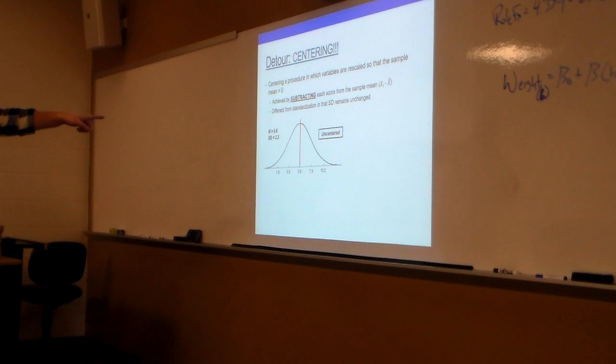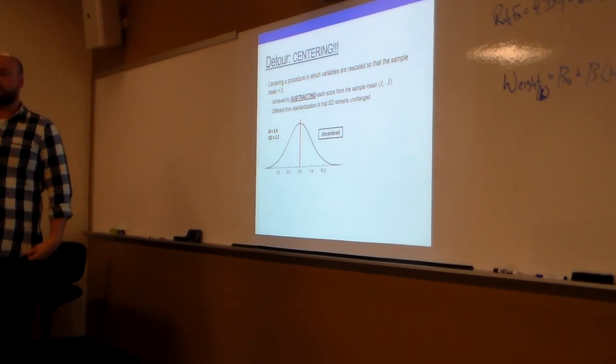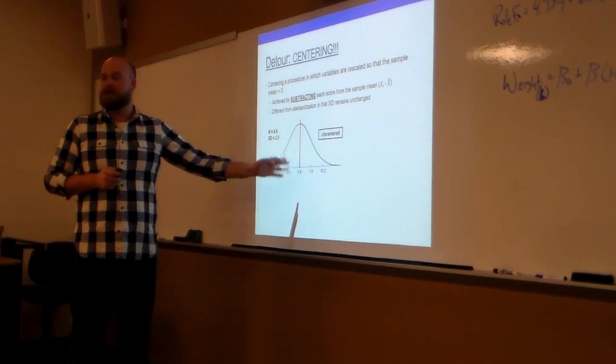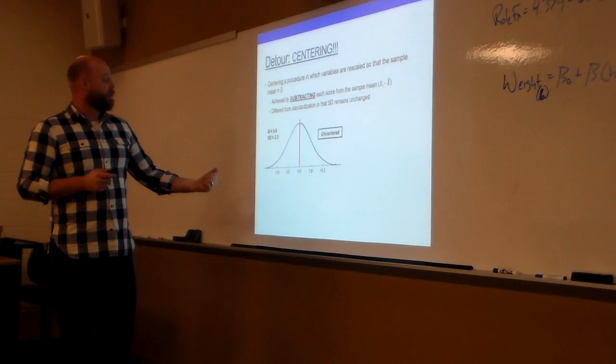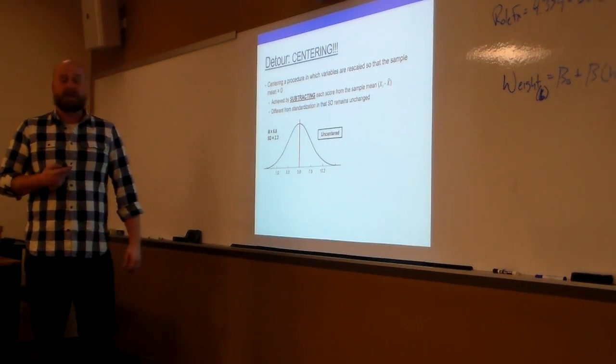So let's say here's my uncentered variable. I've got a mean of 5.6 and a standard deviation of 2.3. Haley's at the mean, with a value of 5.6. This is my uncentered distribution, and I want to center it.